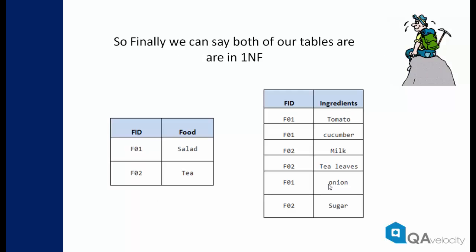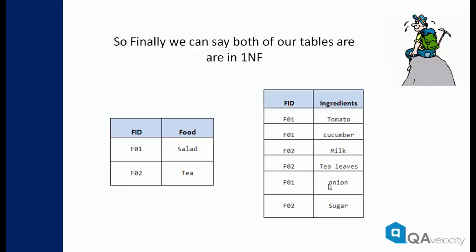If you see both tables we have created, both tables are following rule number 1 of first normal form, which says table should be atomic. Now if we remember the second rule of first normal form, it says table should have a primary key. While making the table atomic, we already assigned a primary key to the food table. We have FID, which is a primary key, and we can search the records uniquely using FID.